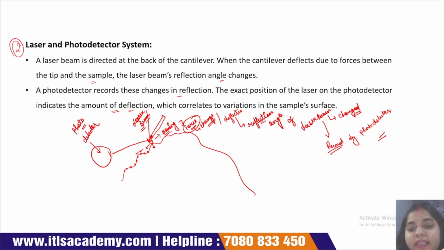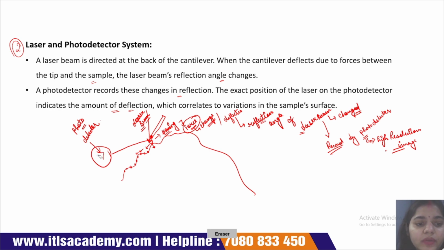These changes are recorded by this photodetector, and the signal is recorded by this photodetector, and we find our high resolution image. Here the photodiode is present.